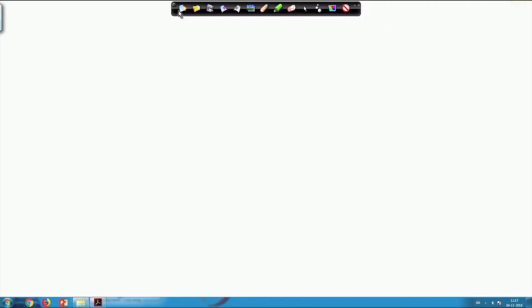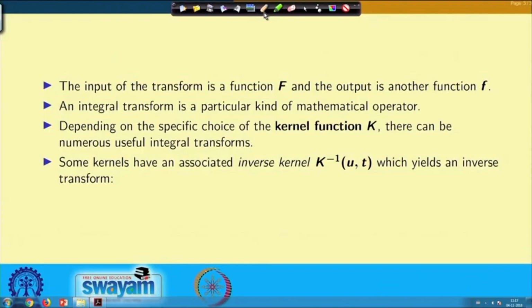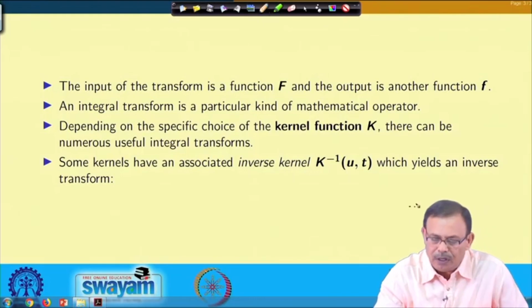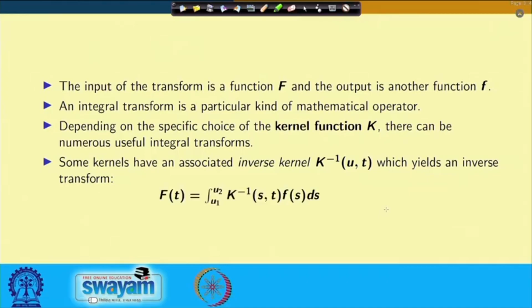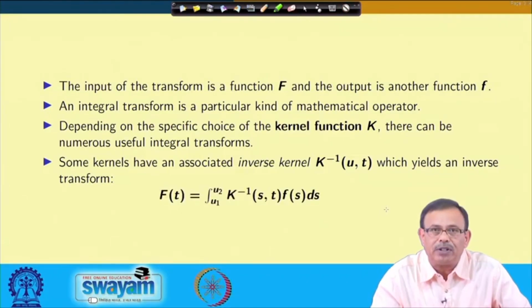So, going back to the original: f(t) equals the integral from u1 to u2 of K inverse (s,t) F(s) ds, which we call the inverse kernel.